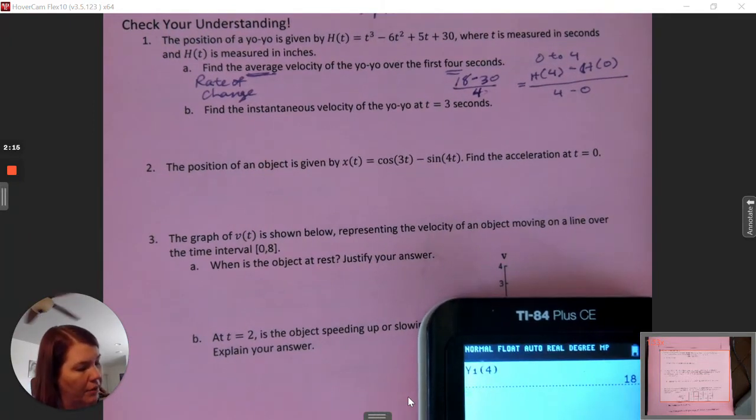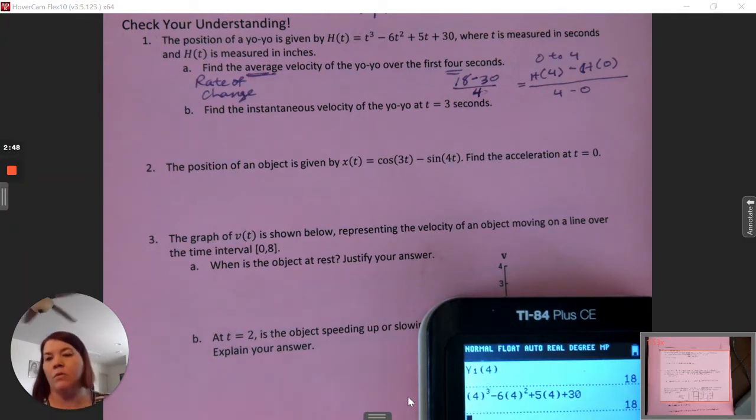I could have done the following: 4 cubed minus 6 times 4 squared plus 5 times 4 plus 30. I could have done it like this and still gotten 18. Whichever one floats your boat. Either way, you have to enter the big giant thing.